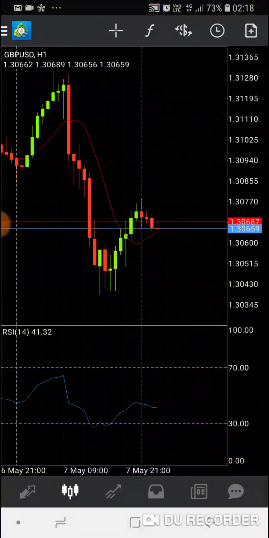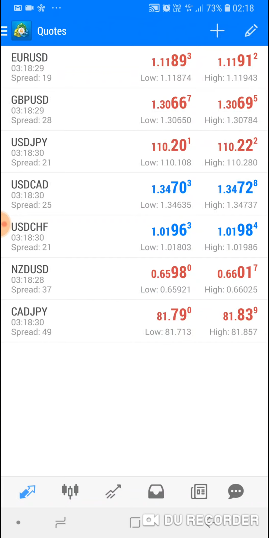GBP/USD. Remember, this is an automated demo account under MetaTrader 4. Whenever you install this app, if you're a beginner, automatically it gives you a demo account. We will go through the process of you guys getting real accounts in the next video, on the modifications of the Forex 1 Minute Strategy 2020 version.